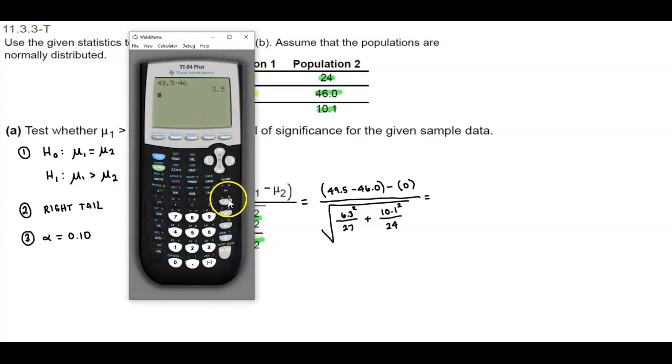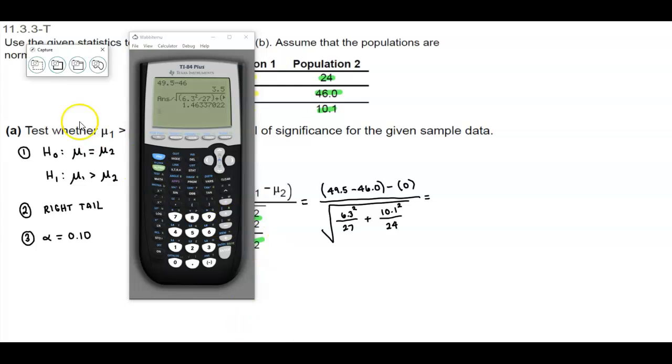We select divide, then second square root, with parentheses around the first part: 6.3 squared divided by 27, plus 10.1 squared divided by 24, close the parentheses, and we get the following.